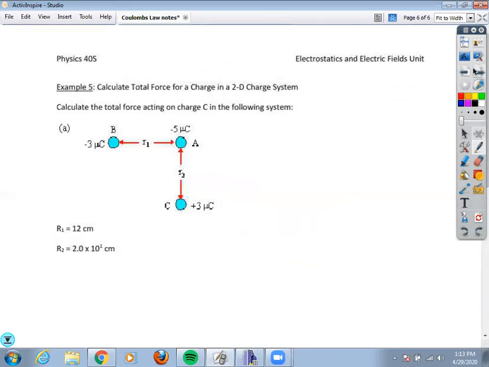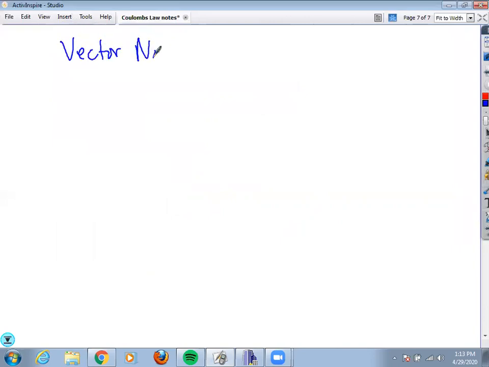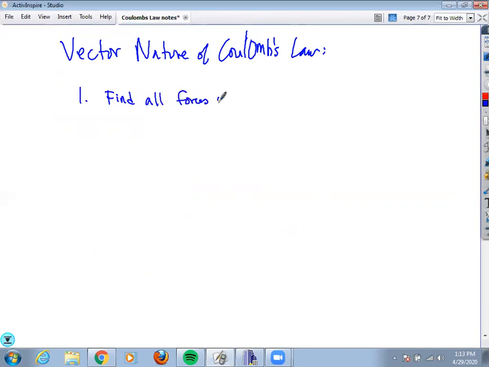So, just a recap, the vector nature of Coulomb's law. Step 1, find all forces using Coulomb's law.